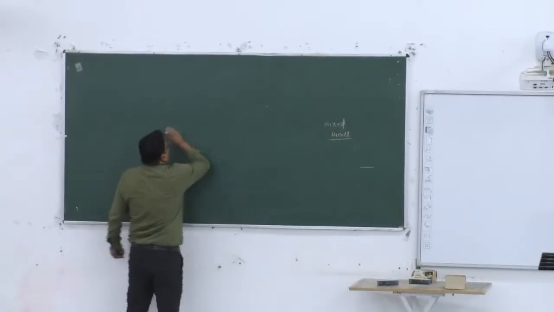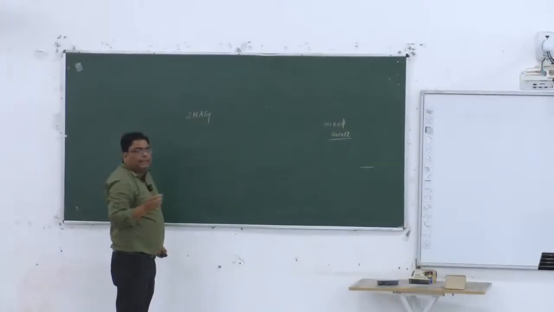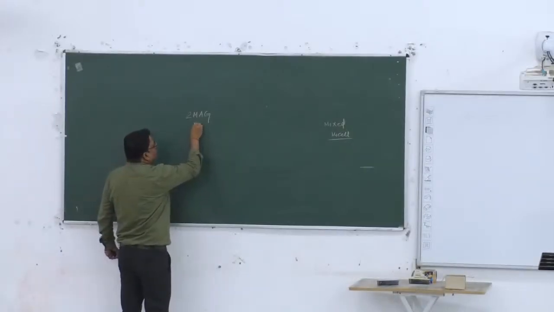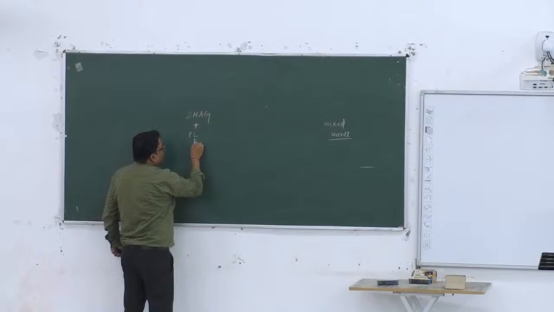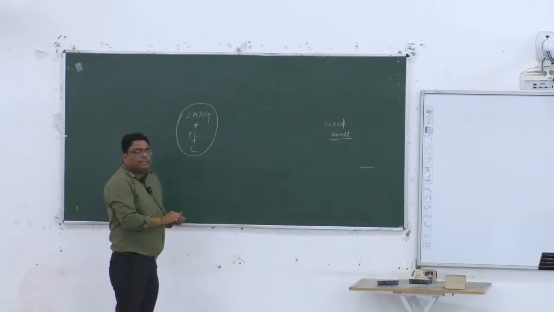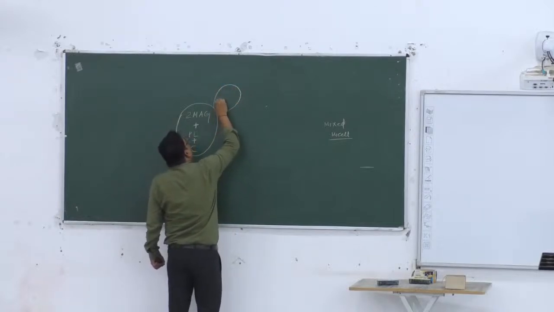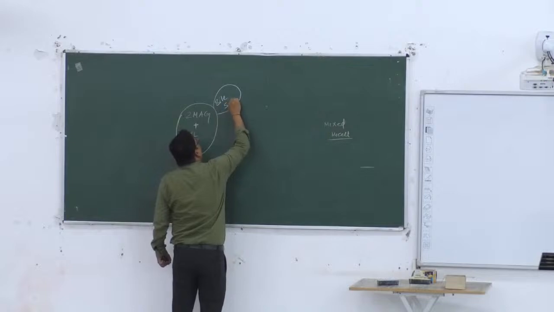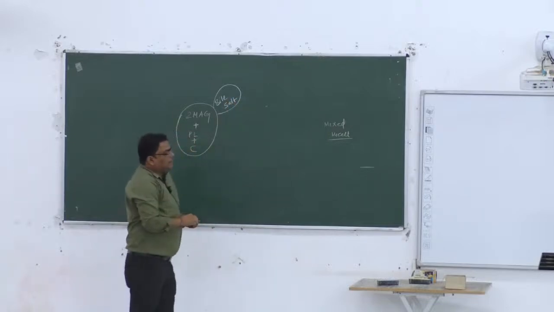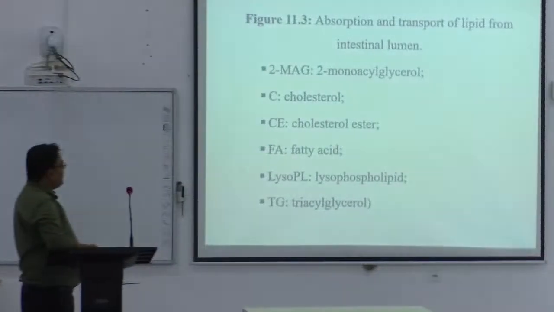There is a formation of 2-MAG plus fatty acid, phospholipids, and cholesterol ester converted into cholesterol, and these make a combined molecule with bile salt. This is called a mixed micelle.